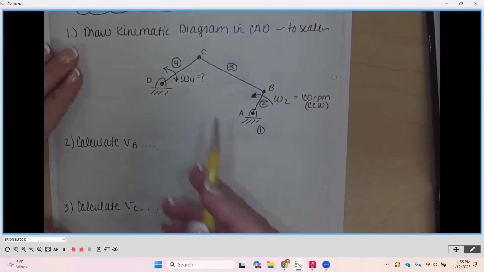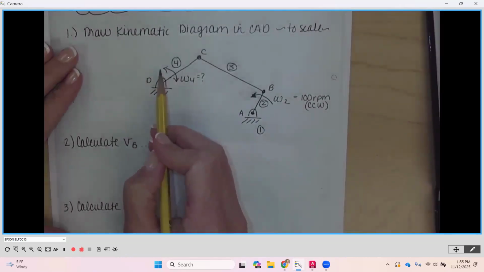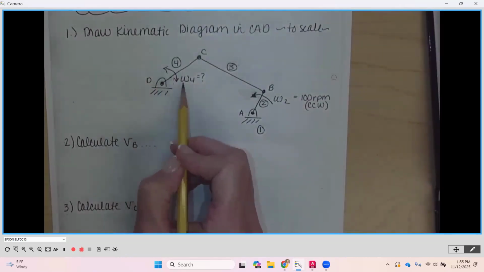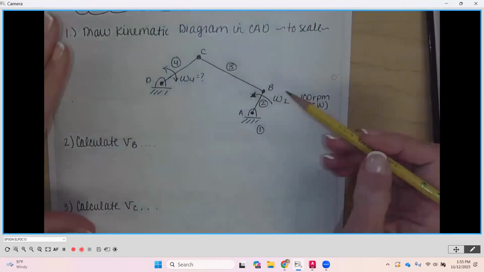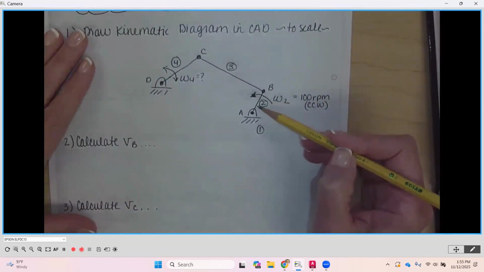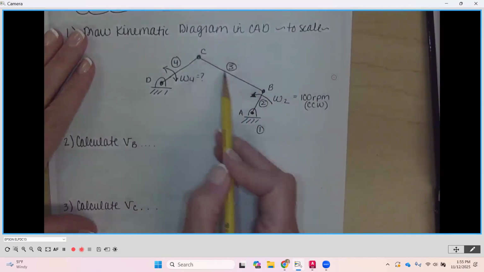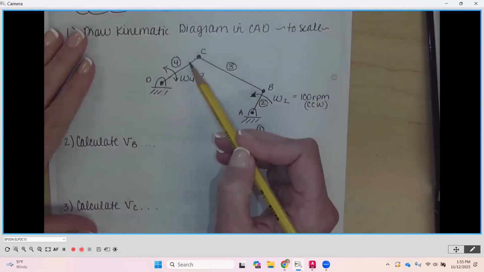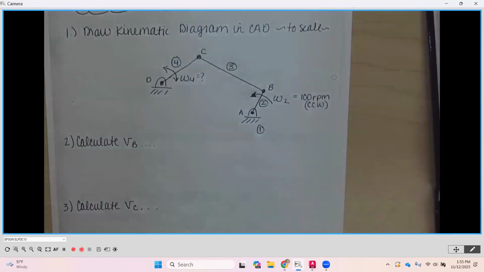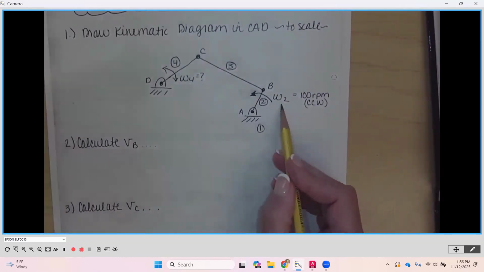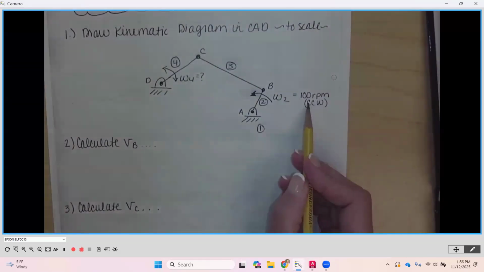So as we look here, we need to find out what the W4 is of link number 4. So if link number 2 is our crank, link number 3 is our connector, and then this is the bath, right? Number 4. We want to know, what is the angular velocity at this moment in time when our crank is going at 100 RPMs counterclockwise, okay?